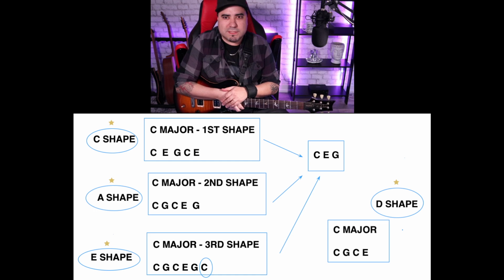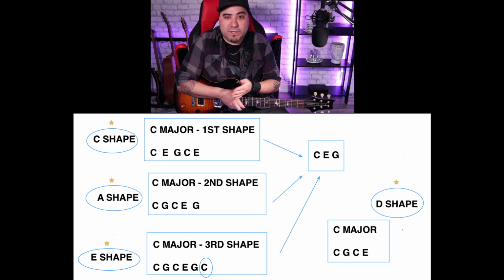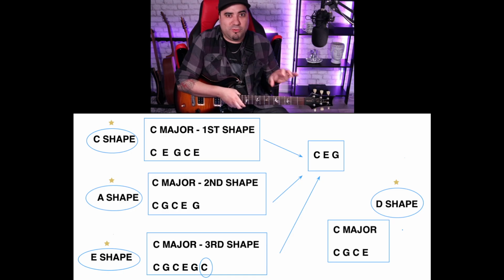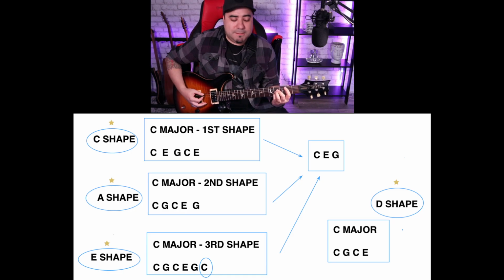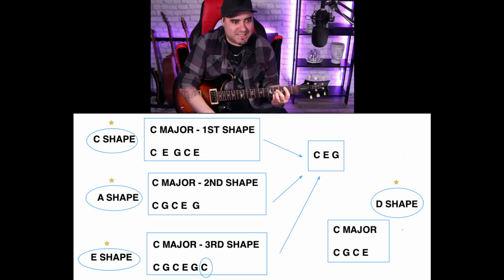The other shape that I was talking about is B, right? We don't have the letter B in the word CAGED. So B, let's see what kind of chords, what kind of shape we will find in that chord. So that's my B major chord. What chord can you easily see here?